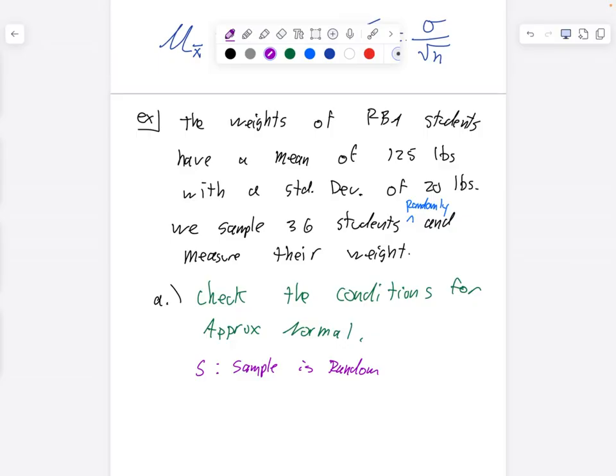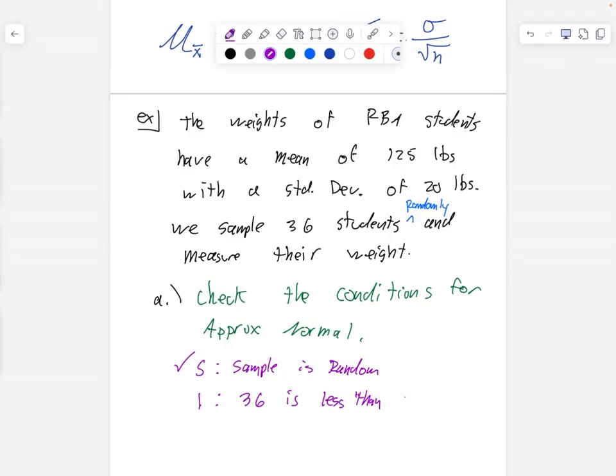Last condition, and again, this has changed for us, the N. For this one, I'm going to state CLT, the Central Limit Theorem. N is 30 or more.